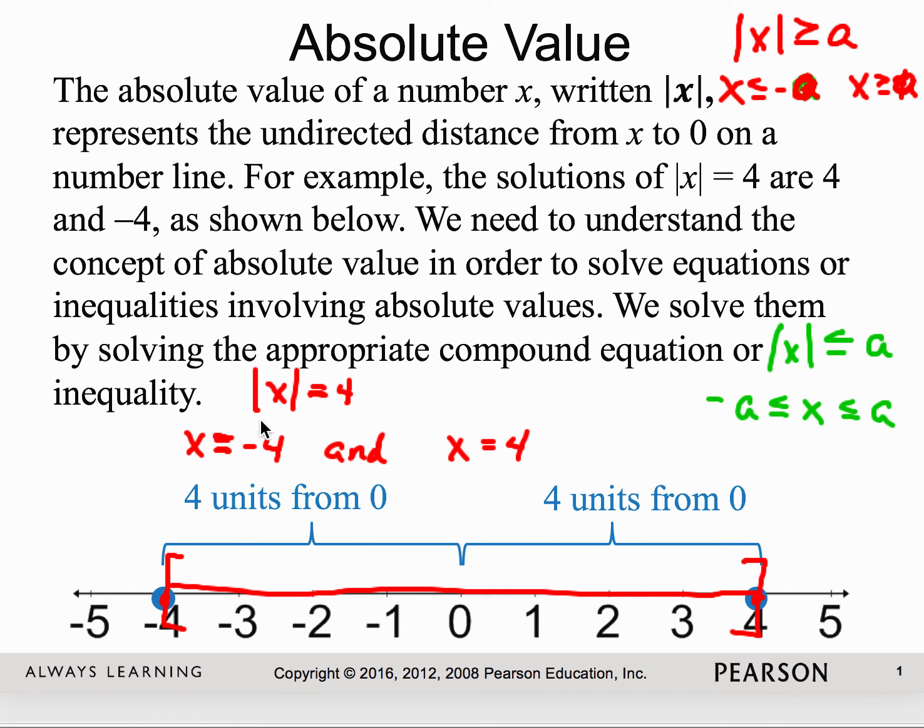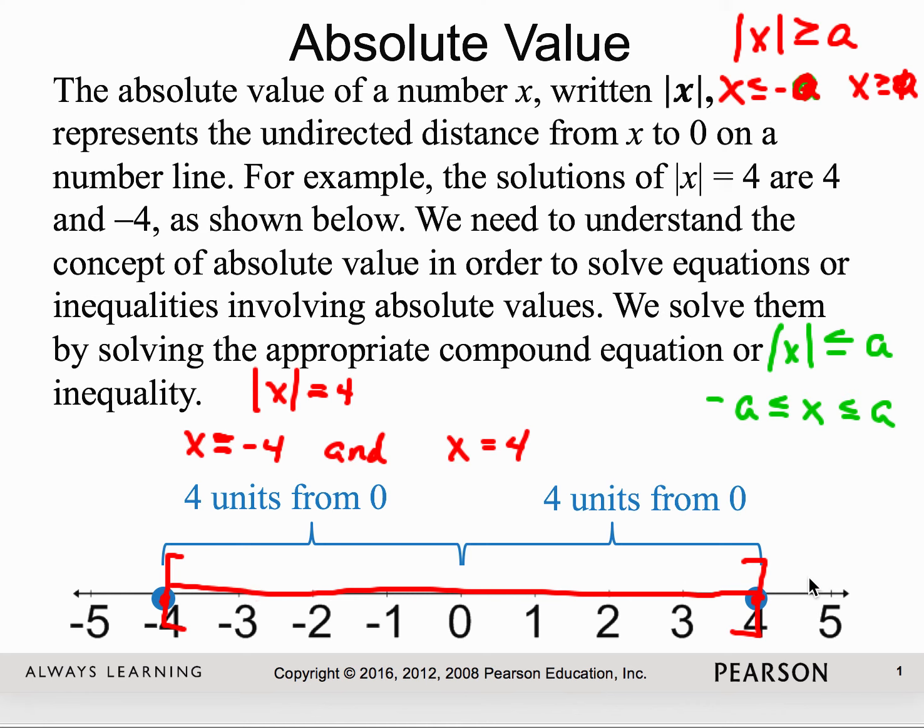Now, if I have a less than with an absolute value, I just have one equation because this is the one that's the and. I still use the negative and positive of that number, but I put whatever inside the absolute value bars in between them. And we just looked at why.